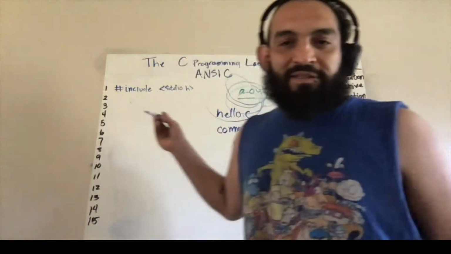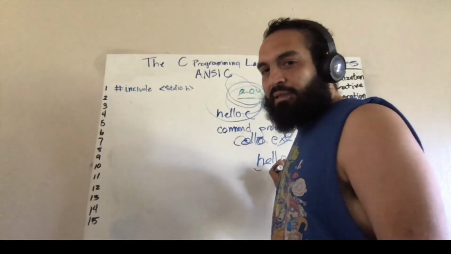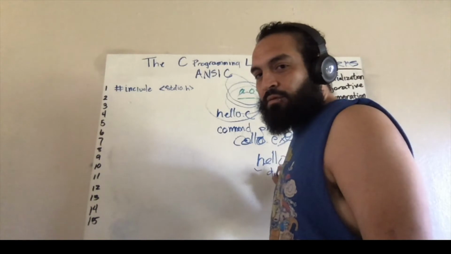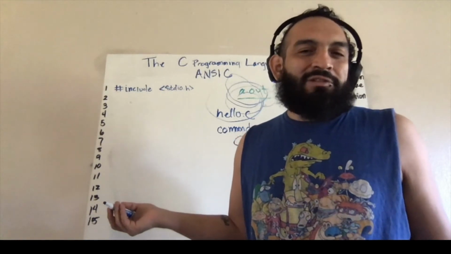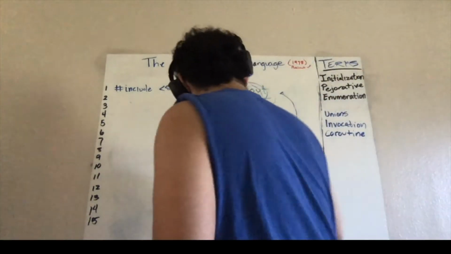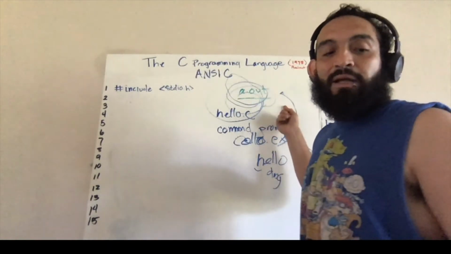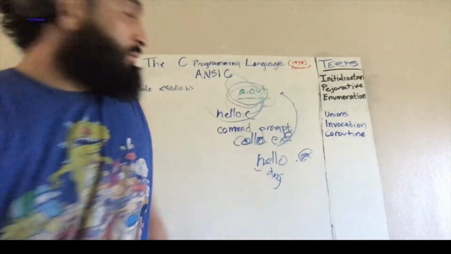Or if it's a Mac, .dmg, whatever you're using. I don't know what you're using, but you can rename that program, and that becomes your file. The a.out file, that's your file.